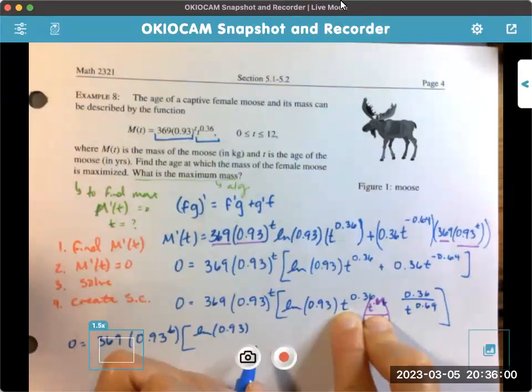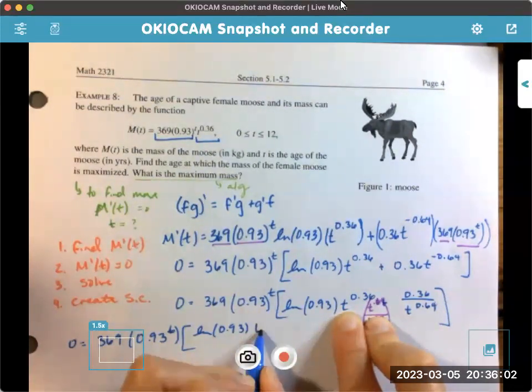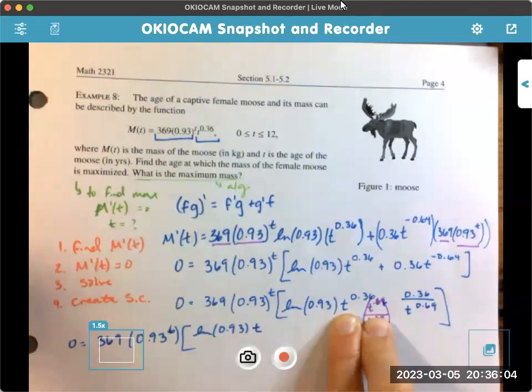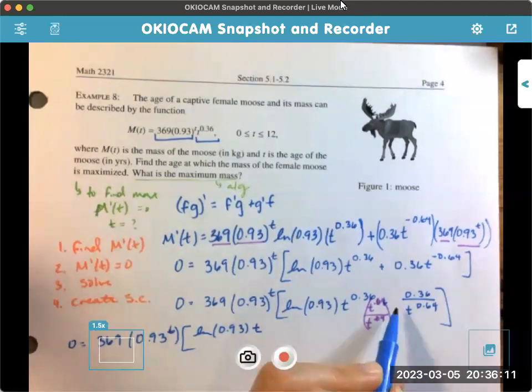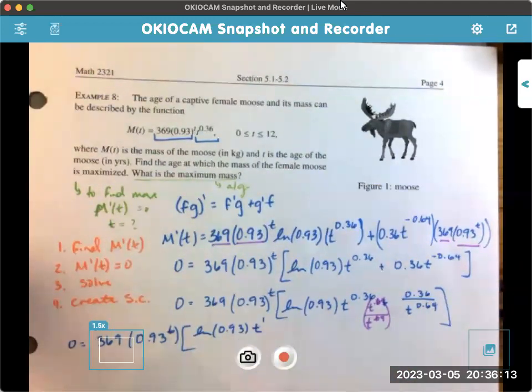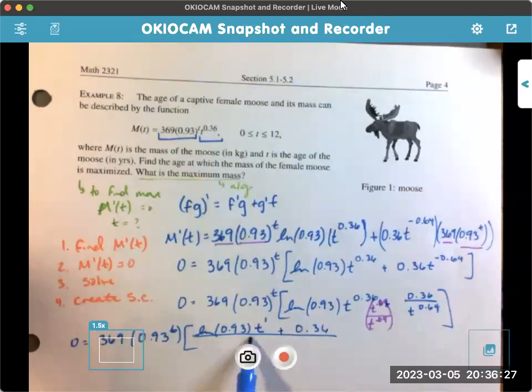When the bases are multiplied, recall that the exponents are added. So 0.36 plus 0.64 is actually 1. So this turns out to be the natural log of 0.93 times t to the first, and then plus 0.36 all over t to 0.64.